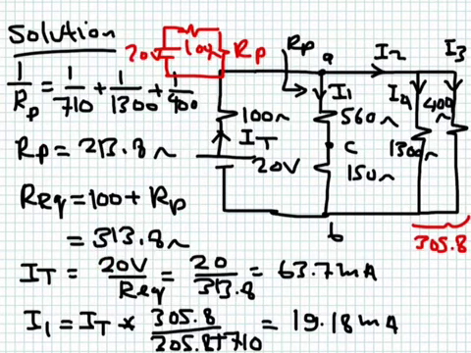What this means is that now I know the input resistance, I can calculate the current IT supplied by the source, because between the two nodes of the source, I see a total resistance of 313.8 ohm. Then the current IT drawn from the source is 20 volts over 100 plus RB. So it's 20 over R equivalent. So 20 over 313.8, you get 63.7 milliamperes. So we know that the total current flowing here, and remember these two currents are the same.